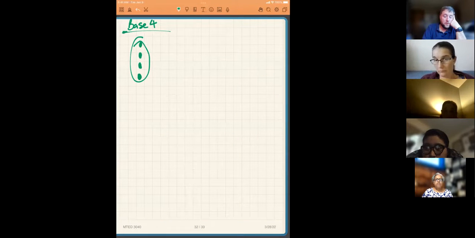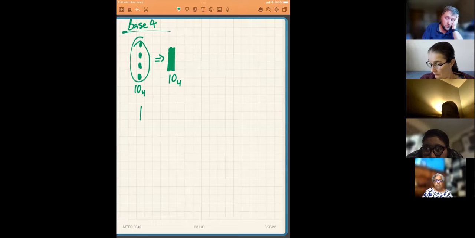So what we're going to say is that if we have these in base 4, we're actually going to represent them like this. So we actually do a unit exchange. And we know that that stick there is the equivalent of 1, 0 base 4. And then similarly, we have 1 of those sticks.